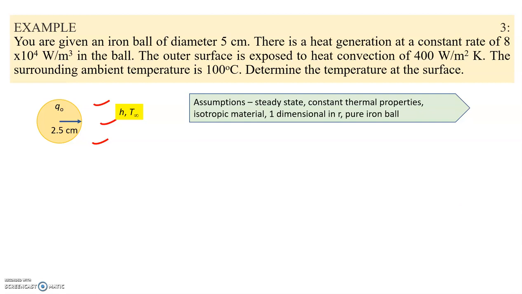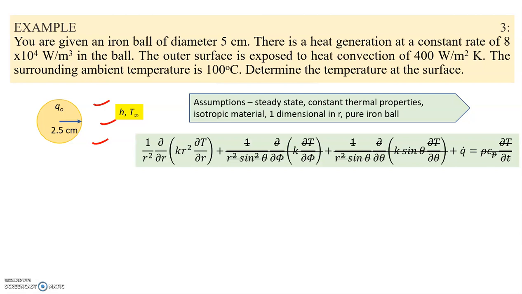Then you have your list of assumptions with an additional one: one-dimensional in r, different from the previous one-dimensional in x. One-dimensional in r because this is in spherical coordinates. You have the full three-dimensional unsteady heat diffusion equation in spherical coordinates. With the assumptions, you should get the ordinary differential equation as such.